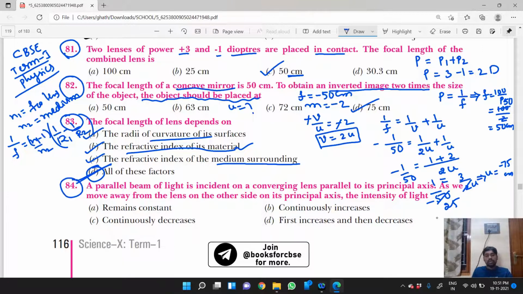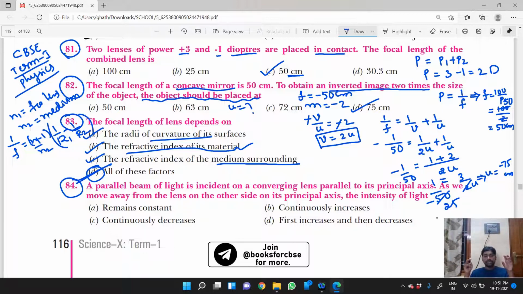Question 84. A parallel beam of light is incident on a converging lens parallel to the principal axis. As we move away from the lens on the other side along its principal axis, the intensity of the light is what? A parallel beam of light is incident on the convex lens along its principal axis, and we move away from the lens.